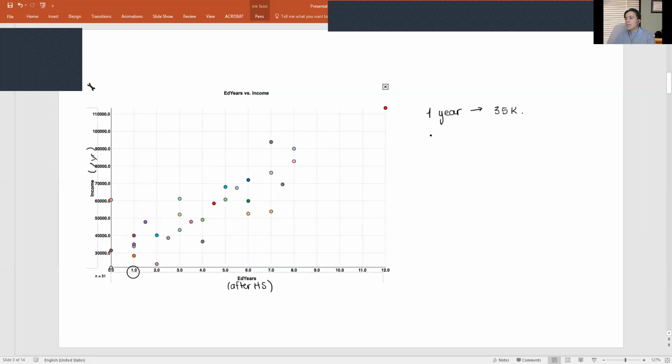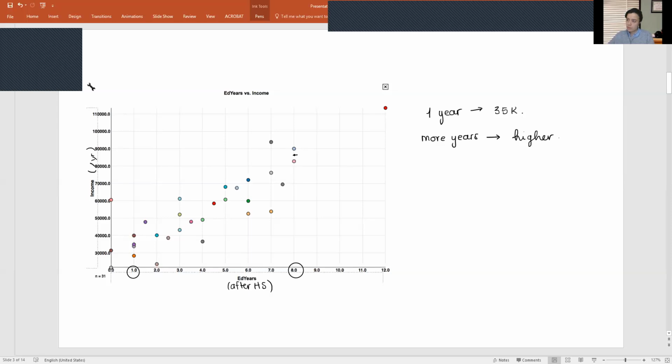Now, if somebody studies more, so more years, would we expect the salary to be higher or to be lower? Easy question. Higher, right? So we have that it's higher because, for example, we can think of the case where we have studied maybe 8 years. For 8 years, it looks like the average salary is going to be somewhere between 82 and 90,000, right?